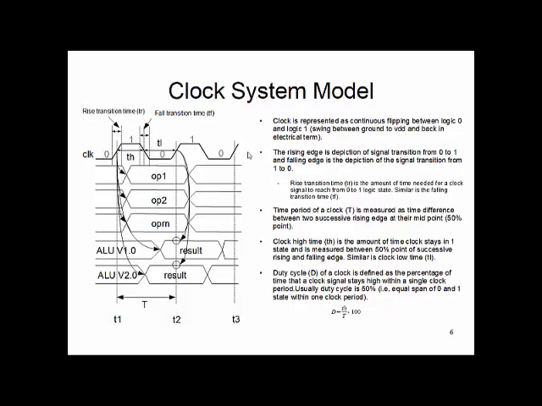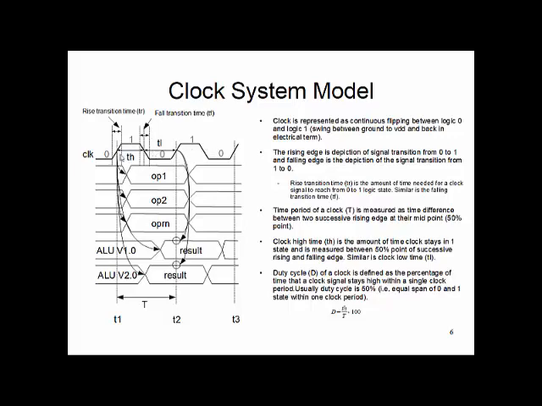Often we represent it with a square timing diagram; if you just make perpendicular lines instead of a trapezoid, that becomes a square signal. I have shown you a trapezoid signal to capture a more realistic clock signal, but it is again very clean.